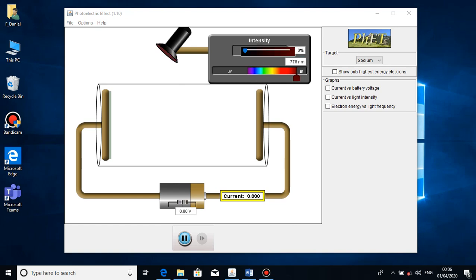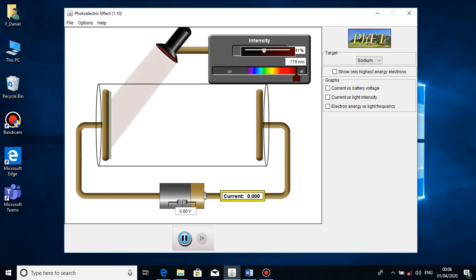Now, what do I have here in this experiment? This metal is sodium, as you see, and the light is now red with a wavelength of 778 nanometers with zero intensity. Now I will increase the intensity of light.